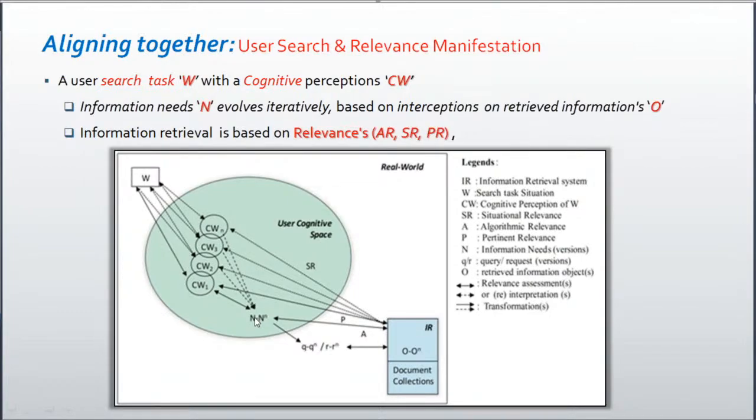So based on this Q, you have mapped with O and derived this result R, right? This whole journey goes from W to CW, CW to N to Q, and based on this Q, you have applied algorithmic relevance AR and derived the result R.